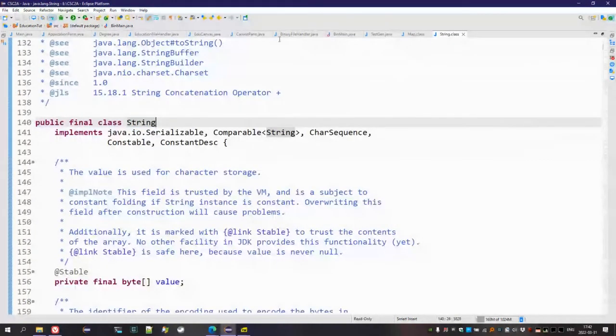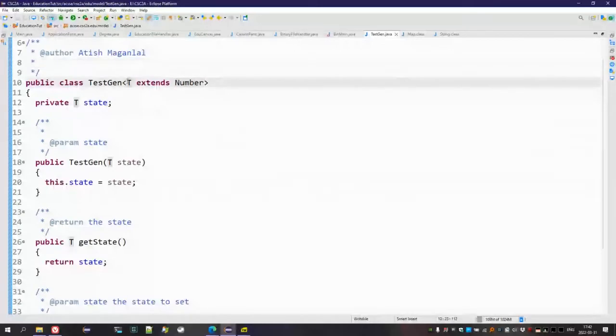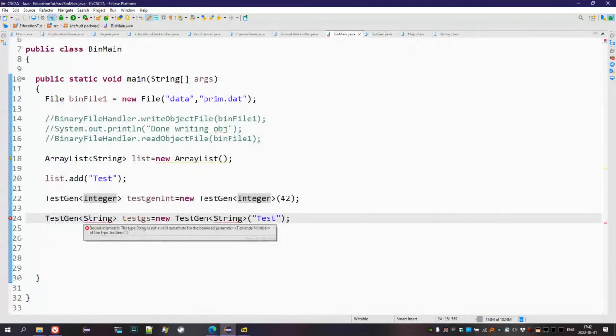So it does not match our restriction. Our restriction says whatever type we provide has to extend number. So therefore, the compiler is complaining that string is not a valid substitute for the bounded parameter. It cannot put string there because it does not extend number.